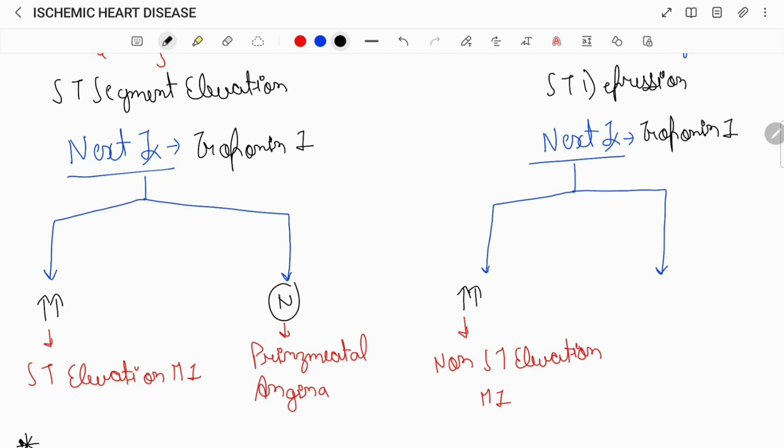And if you see that the troponin levels are normal, then your diagnosis would be unstable angina, which is actually the classical angina.